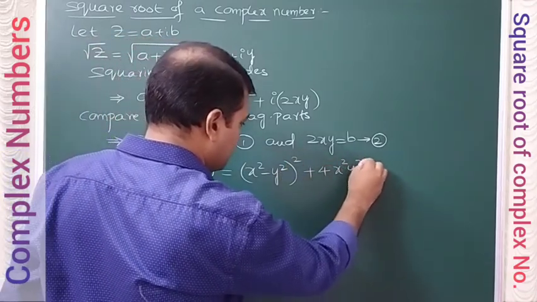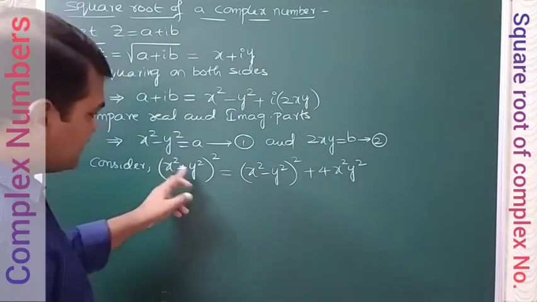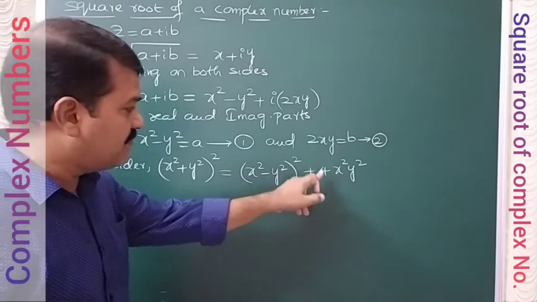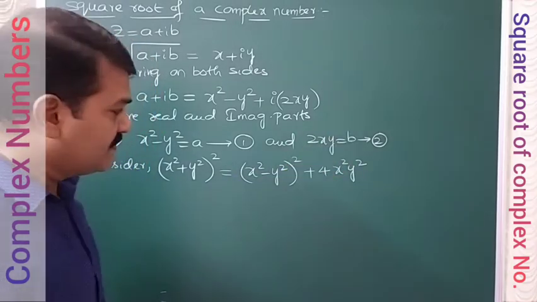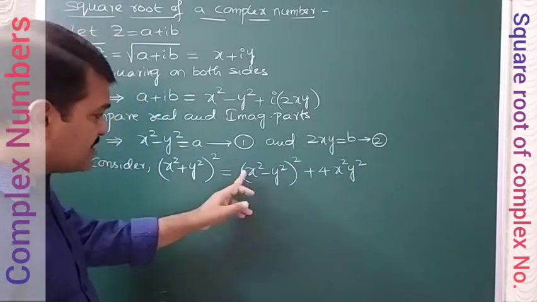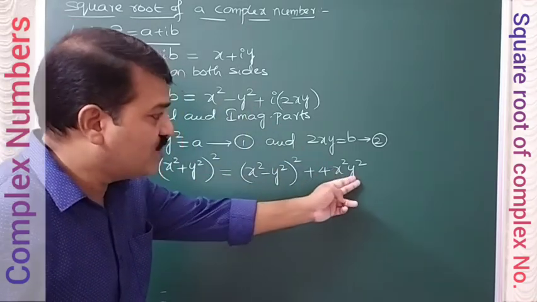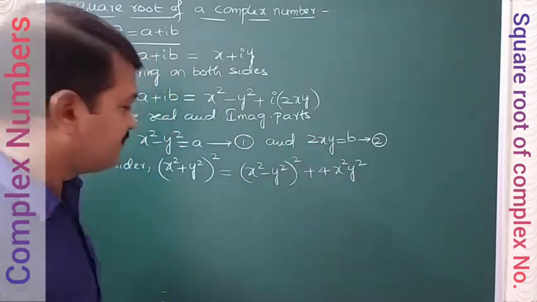So simple algebraic formula: a plus b whole square can be written as a minus b whole square plus 4ab. Why am I using this? Because x square minus y square we know, and this 2xy whole square, that also we know.